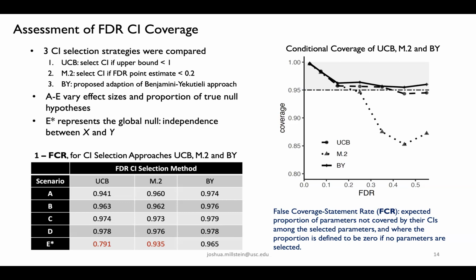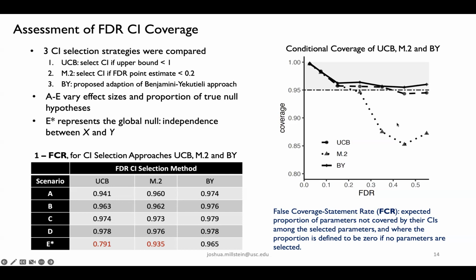If we look at the figure here, it shows conservative coverage under the scenarios A through D, and it shows conditional coverage. Conditional coverage is the coverage only among the selected intervals.